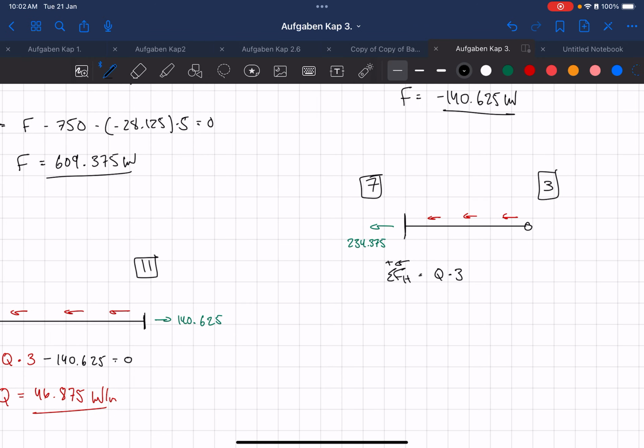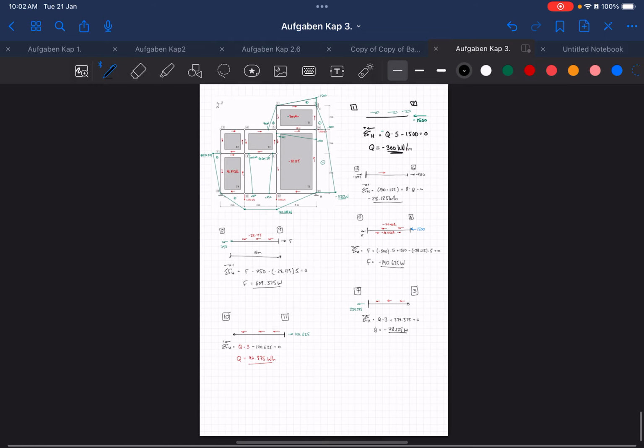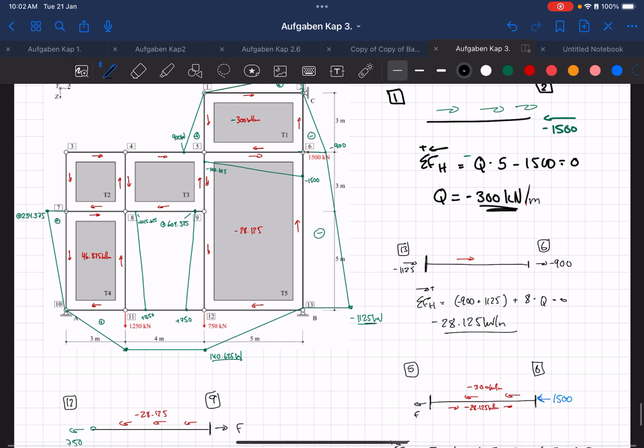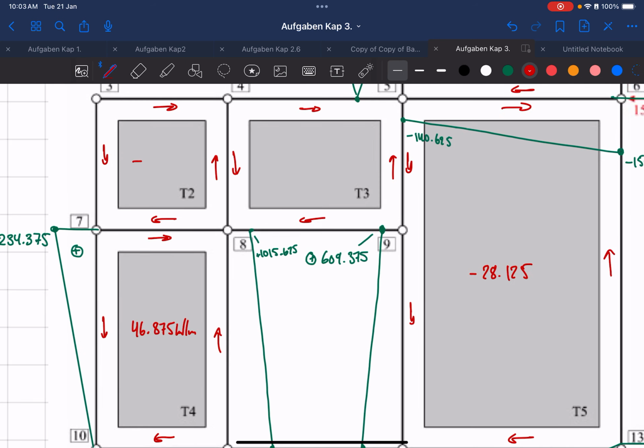Q times 3 plus 234.375 equals 0. 3Q plus 234.375 equals 0. Q equals minus 78.125 kilonewton. Write that down. Minus 78.125 kNm.